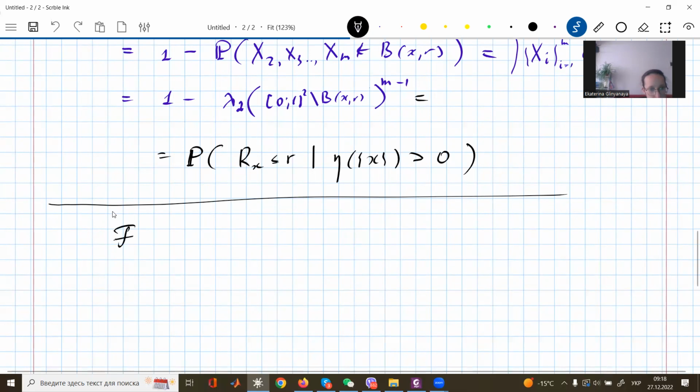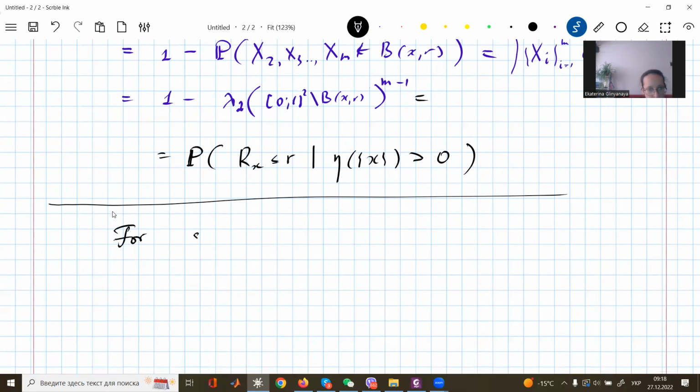For a stationary point process, we know that the distribution does not depend on shift.